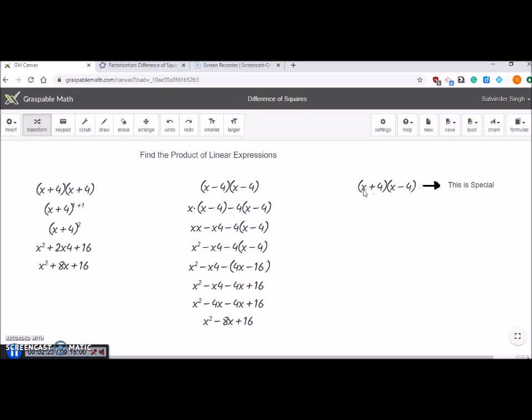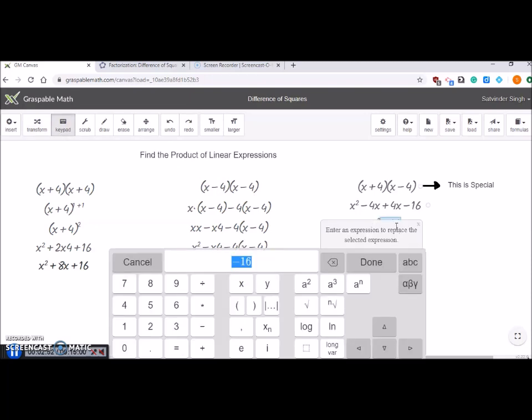Let's do the third example, x plus 4 and x minus 4. This is special, guys. When you apply the distributive property, you'll get one positive 4x and one negative 4x. When you simplify, you get 0, and this is x square minus 16, because 4 times 4 is 16. We can rewrite it because 16 is actually 4 square.